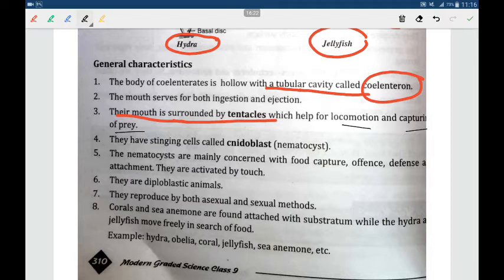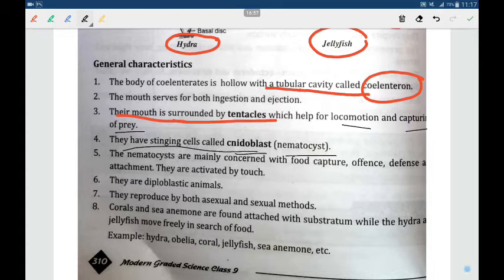Characteristics we have discussed: one, they contain a hollow cavity in their body called coelenteron. Two, their mouth is surrounded by tentacles. Another important characteristic is stinging: they produce some sort of poisonous substance so that they can kill their prey. Those stinging cells are called cnidoblast or nematocyst.